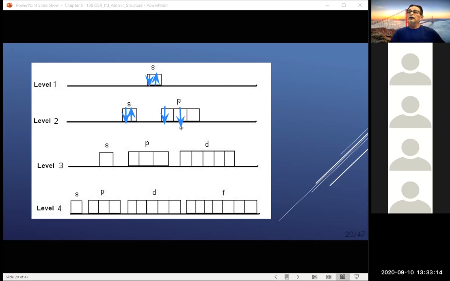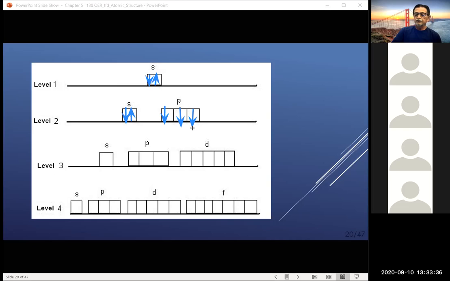So this would be carbon. Carbon has 6 electrons total: 2 in the inside first level, 2 in the second S level, and then 2 in the P. I keep going across to nitrogen.